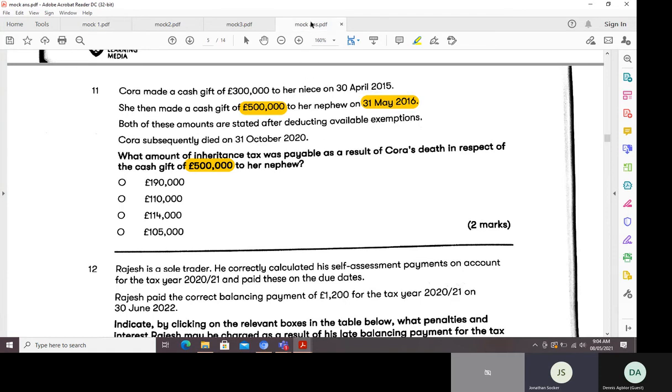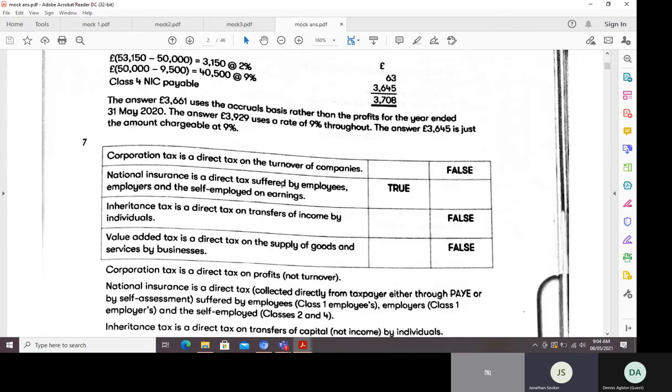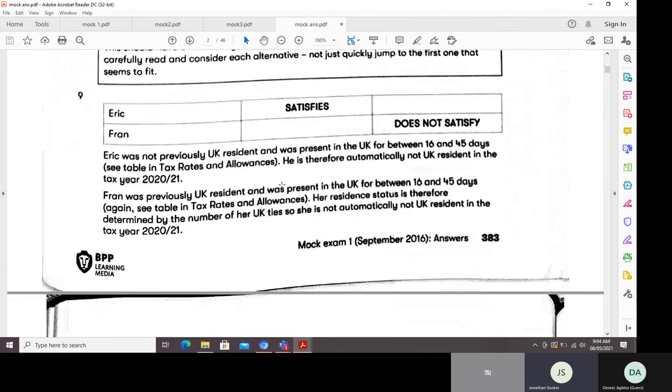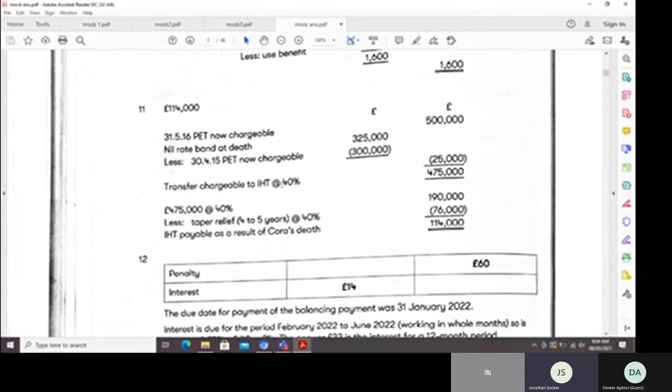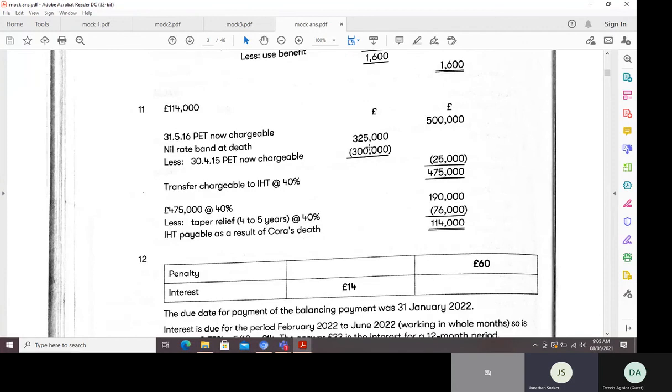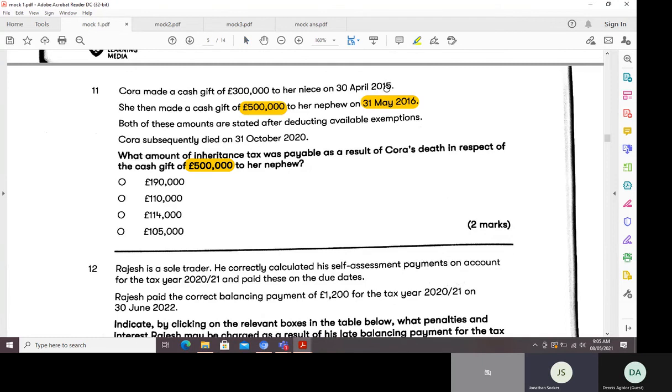So we can see from here, question number 11, we quoted the nil rate band. We have the gross chargeable transfer falling within 7 years of that one, and that's 300,000. Okay, don't forget, all these transfers we are doing, they are paid, and they became chargeable because they occurred within 7 years. This one, which was made in 2015, also became chargeable.